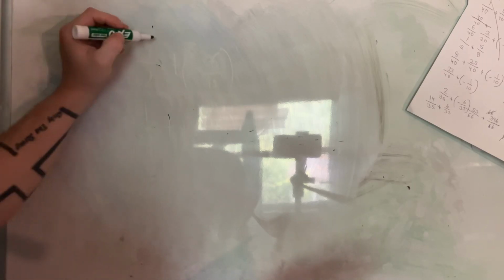On to the next problem. It's going to be the same for this problem. We're going to go 1 over 10 plus 1 over 7.